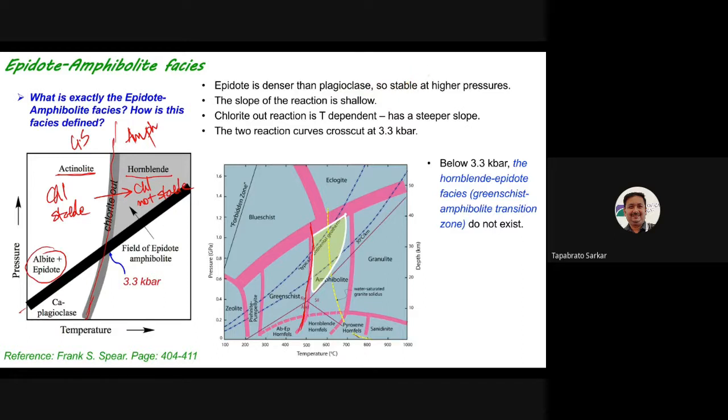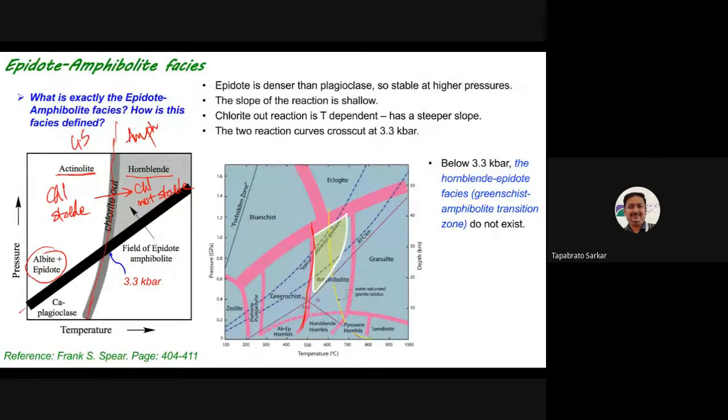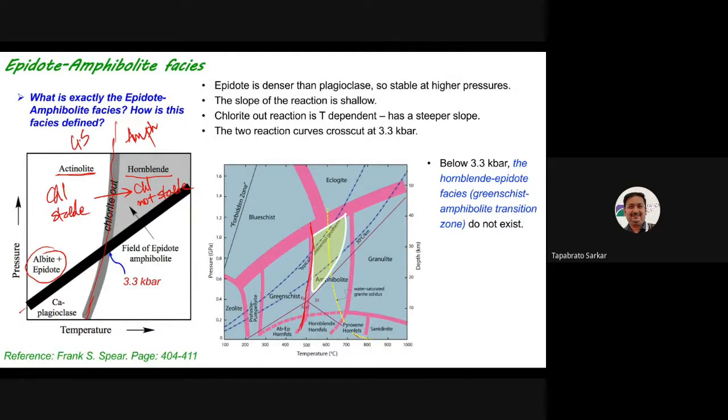Anything in earth sciences or mineralogy, the minerals which are denser are always favored at higher pressure because they can withstand the pressure much better.